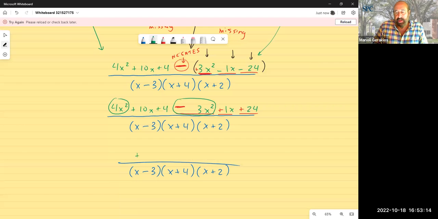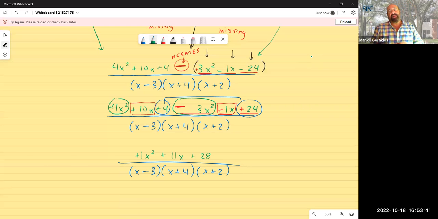That's going to be, I still have 1, you know what I mean? Positive 1, x squared. How about now 10x to the first and plus 1x? That's going to be plus 11x. And then what about this? I have 4, I have 24 more. Like these are the constants that are like each other. So what do we have? I have 28.